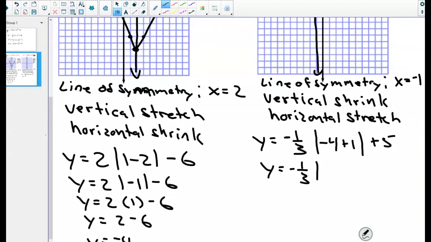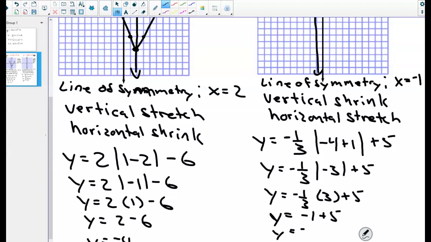Negative 4 plus 1 is negative 3. The absolute value of negative 3 is 3. 3 times negative 1/3 is negative 1, and y equals 4.